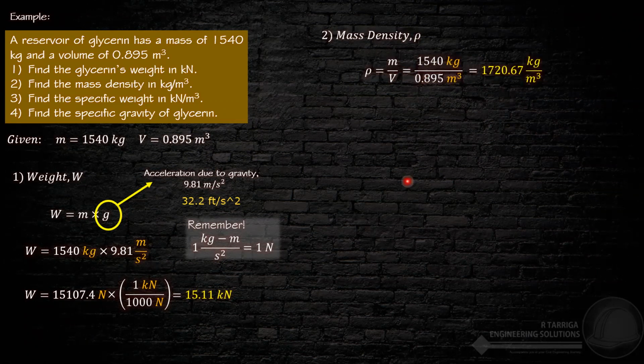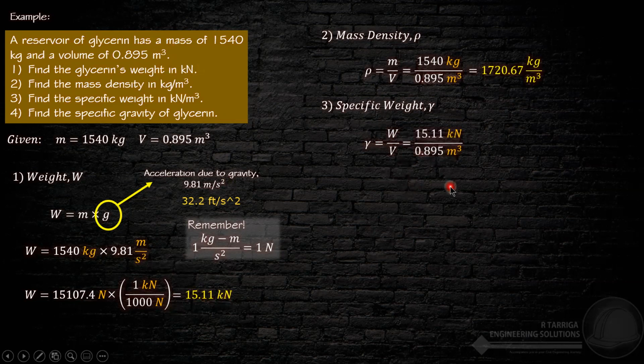Next, number 3, the specific weight. The formula is weight over volume. We got the weight earlier, 15.11 kilonewton. Divide it by the volume, 0.895, which equals 16.88 kilonewton per cubic meter.